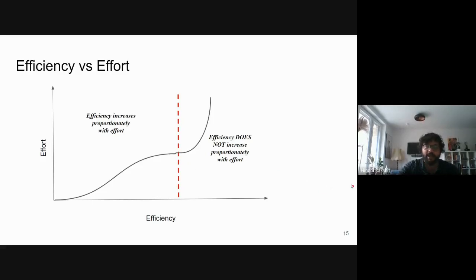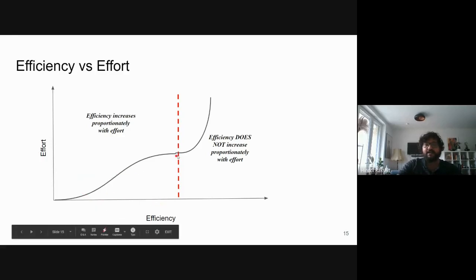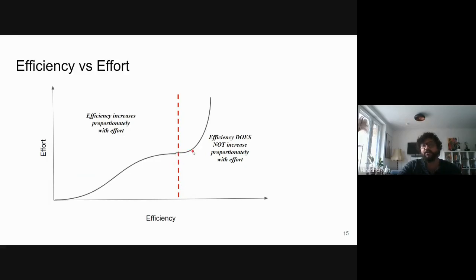And this is a very important thing. I'm sorry for the bad graphics here, I just prepared it by hand. If you look at how efficiency increases given the effort you put into creating a classifier, you will see that up to a certain point the efficiency increases almost proportionally with the effort. Then comes a point where, in order to increase the efficiency even a little bit, the amount of effort you have to put in becomes significant, and computationally it's not really optimal.